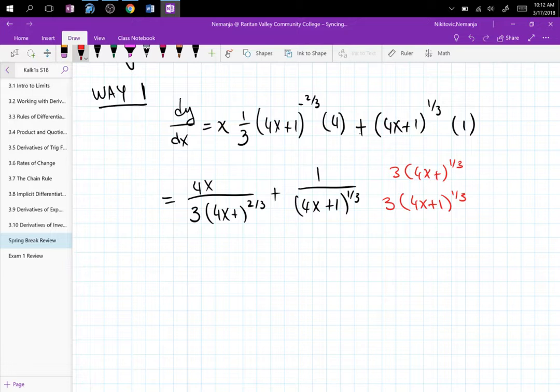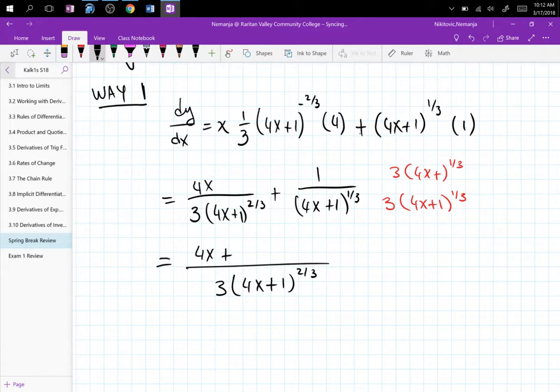Because if I do that, I will have the common denominator of 3 times 4x plus 1 to the 2/3, because 1/3 plus 1/3 is 2/3, and you have the 3 in front. So now what do I have in the numerator? I have 4x plus 3 times 4x plus 1 to the 1/3. There's a 1 missing over here.